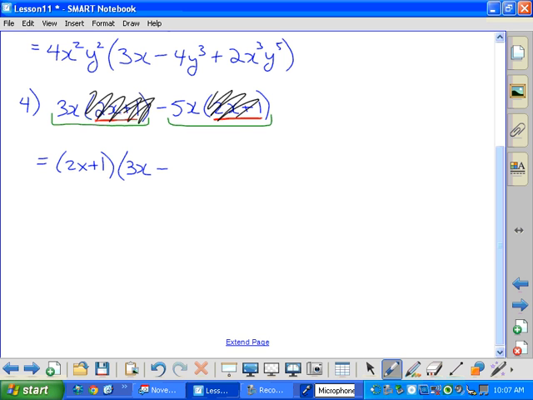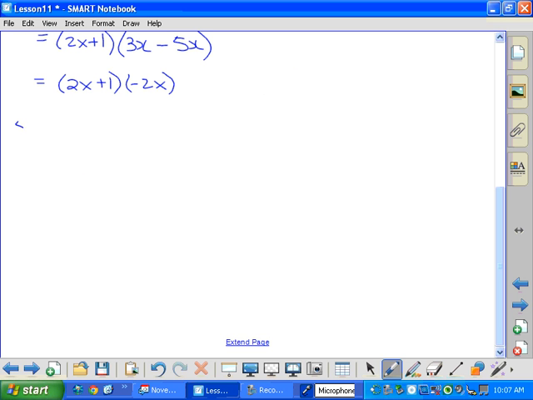I took that 2x plus 1 out. I'm left with a 5x. And inside that bracket, they're like terms. So this would reduce down to 2x plus 1 times, 3x take away 5x is negative 2x. So there we go. Fully simplified.